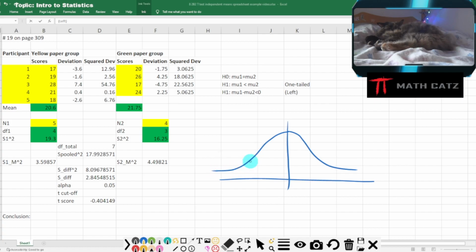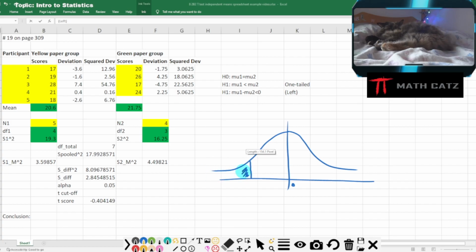We are checking if the difference is significantly negative, so to speak. Under the assumption of my null hypothesis, 0 sits over there, and there's no difference between them. I want to know if my sample produces something extreme enough.